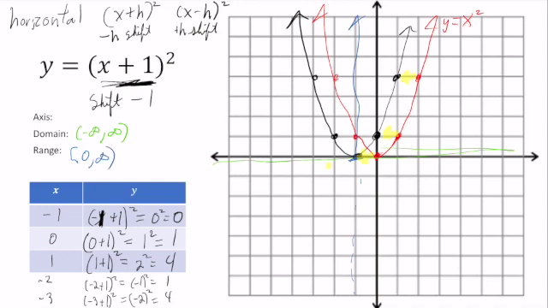My axis has shifted though. So now the line through my vertex is when x equals -1, and my vertex is when x is -1, y is 0, right? This is the point where my slope goes from negative to positive.